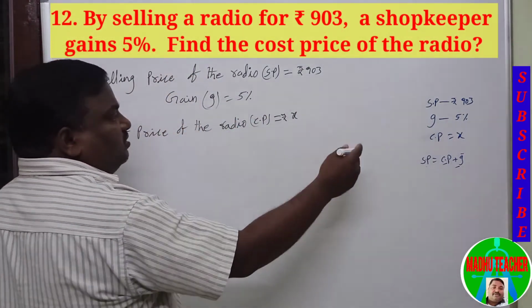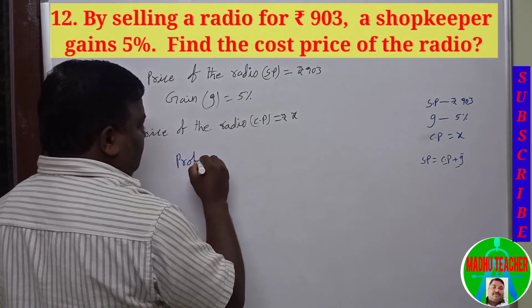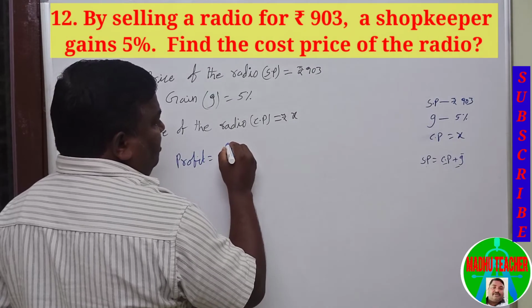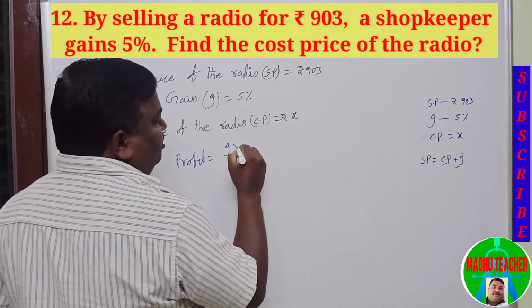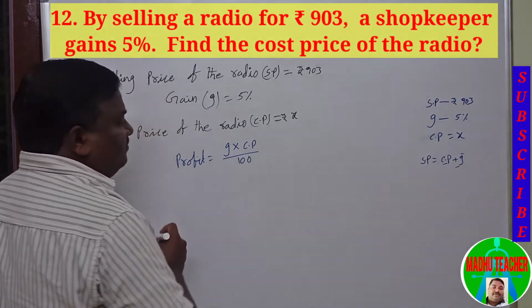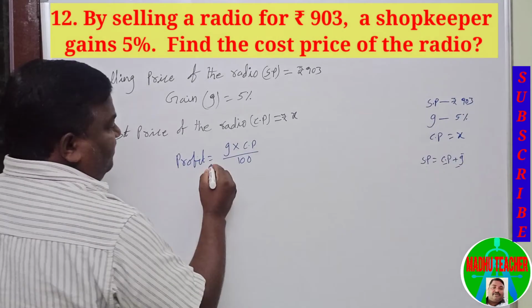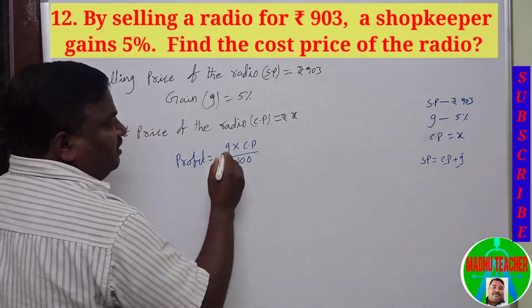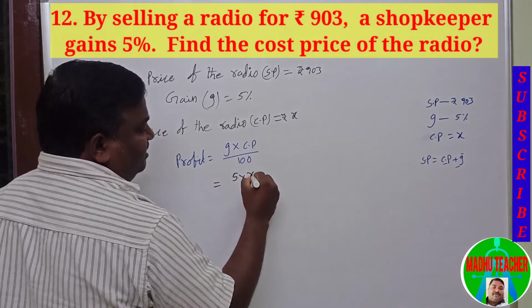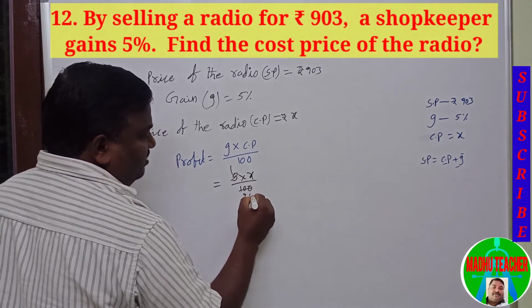Okay. So here gain, that is profit, equals gain or profit, whatever. Profit equals profit percentage or gain G into cost price by 100. This is the formula. So profit equals gain 5% into cost price x by 100. 5 ones are 5, 5 2s are 10, 0.